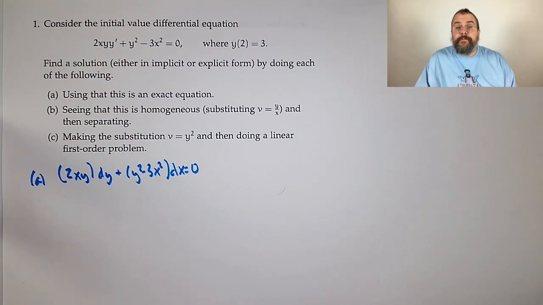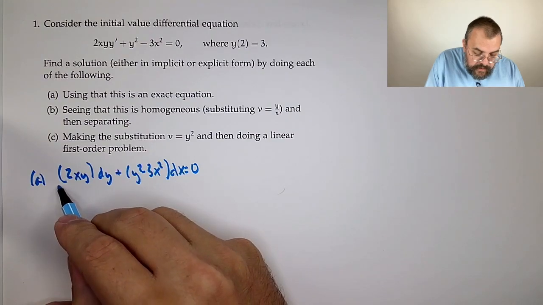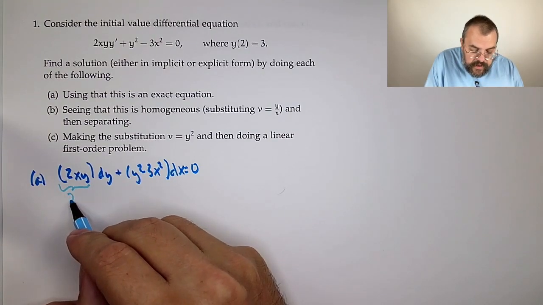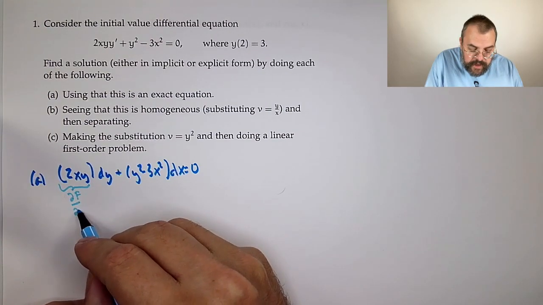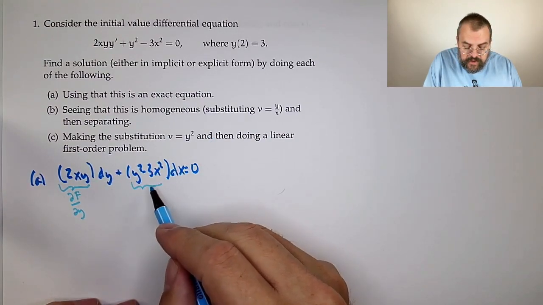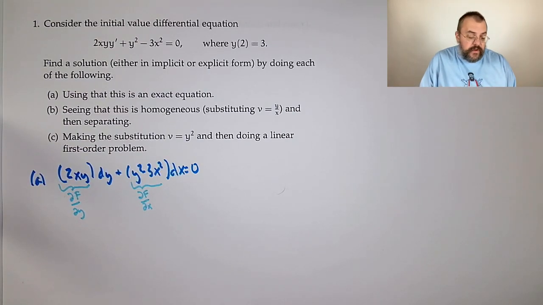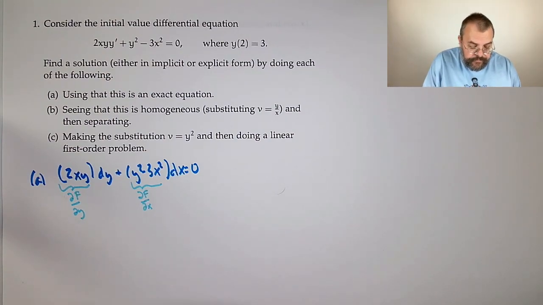Well, if this is exact, and it says it is, then this first piece here would be the derivative of what we want with respect to y, because that's what the dy is telling us. And this piece over here is the derivative of what we're after with respect to x. So we have those derivatives, so we integrate.